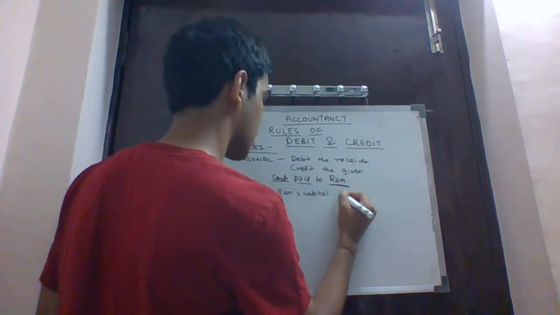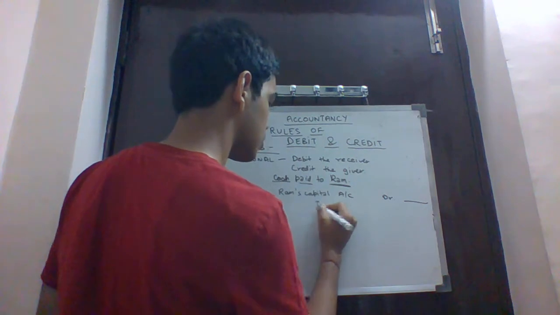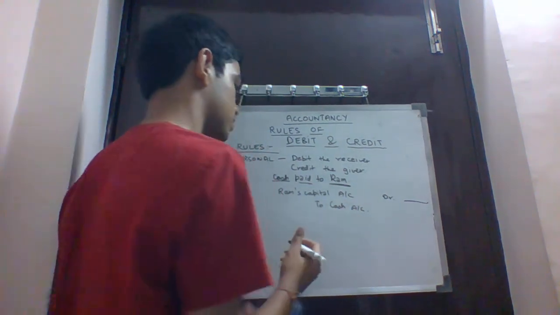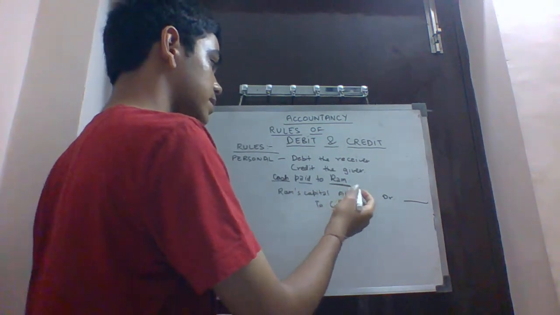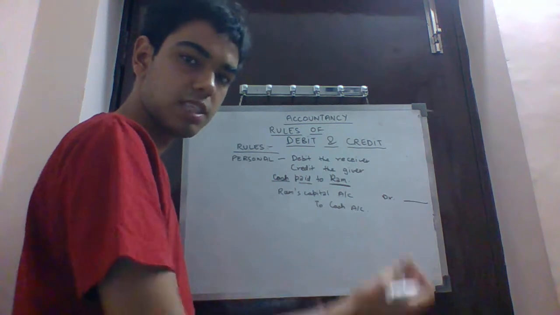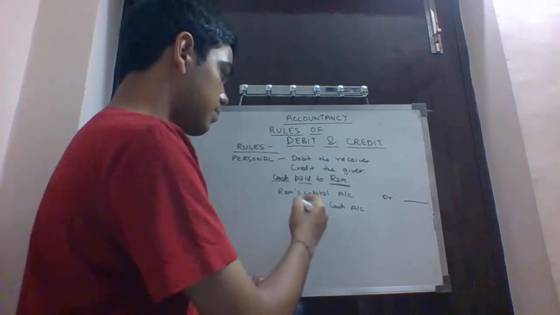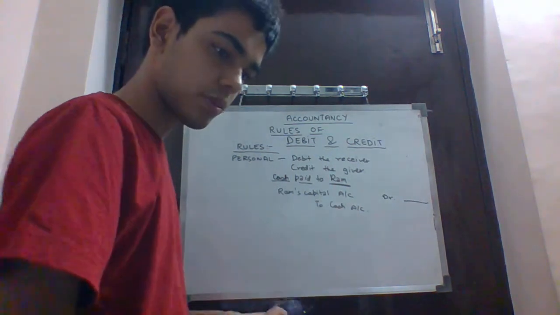So Ram's capital account will be debited by the amount to cash. Ram's capital account is being debited because Ram is the receiver of the cash. Ram is receiving cash from somebody. So Ram's capital account is being debited to cash.